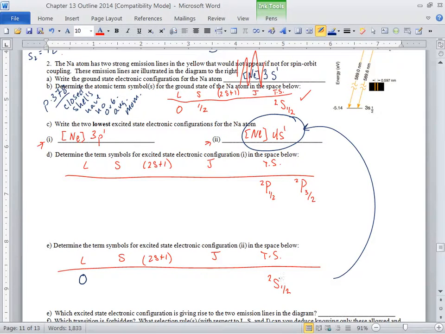So that means I'm going to have big S. That's my only possibility for it. Oh, so then this is going to be a half, and then a half times 2 plus 1, 2. This is just going to be a half. Okay, so everybody agree with these?